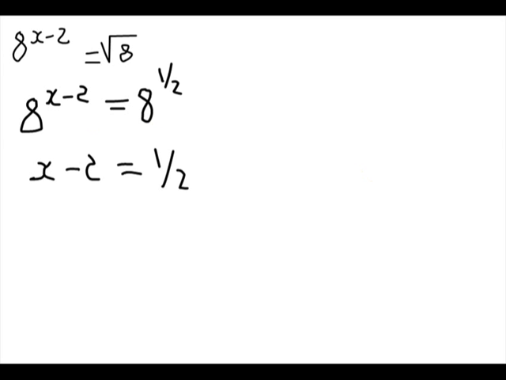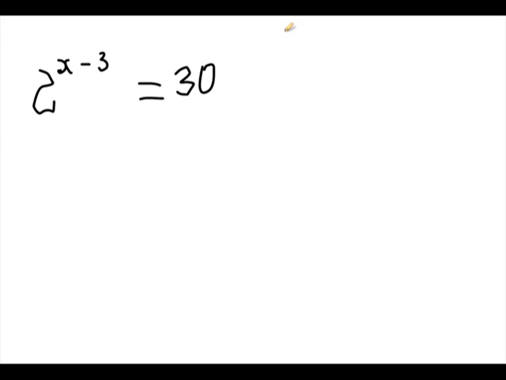Let's say I have this one: 2 to the power of x minus 3 equal 30. In this example, there is no way I can solve it without logarithm, because I can't make any transformation with 30 in order to have the same base.